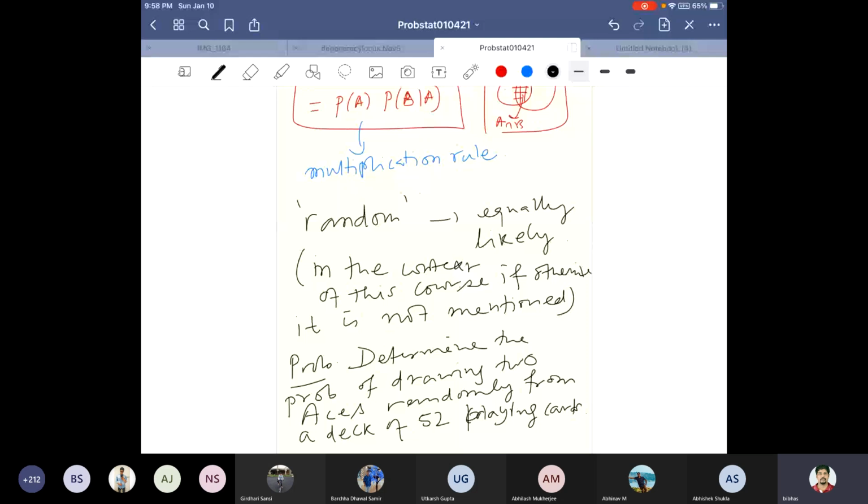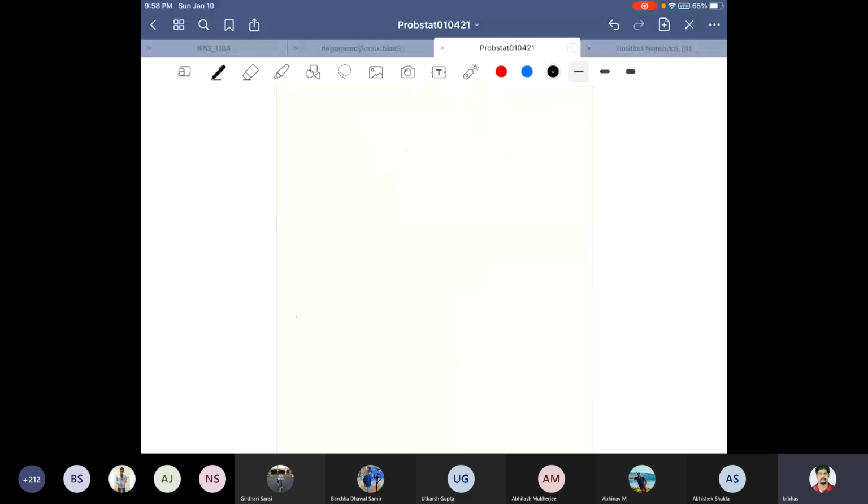One is you put that card back inside the deck, or you don't. So there are 2 situations here. Whenever this kind of problem is given, there are 2 situations.